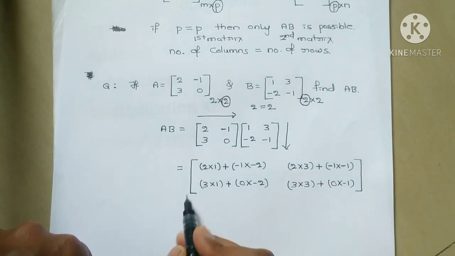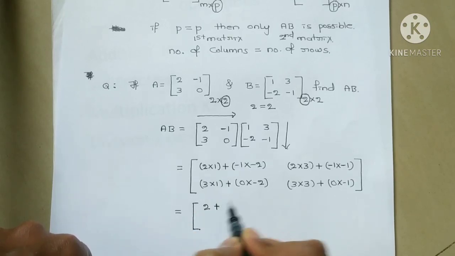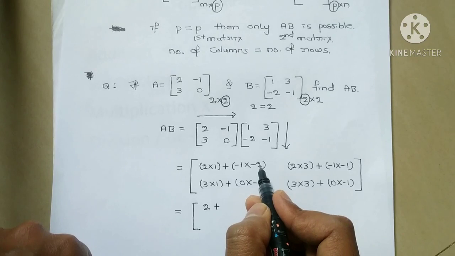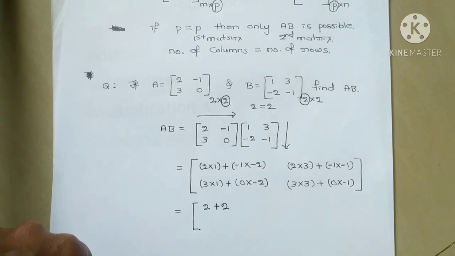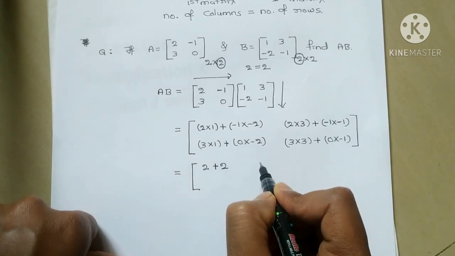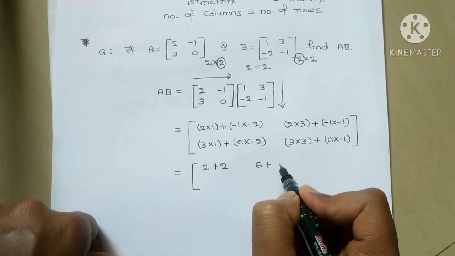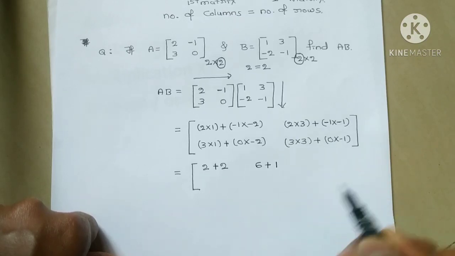So after that, do the multiplication now. 2 into 1 is 2 plus minus into minus is plus, 2 into 1 is 2. Next, 2 into 3, 6 plus minus 1 into minus 1 is plus 1.